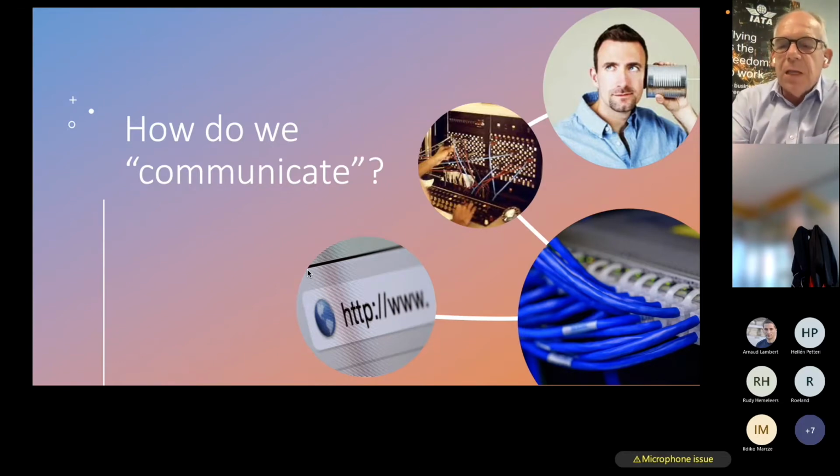And from there, we make the step to the website there, the virtual world, where we can connect with each other just by typing in a URL or typing in a number on the screen. Okay, so we've gone from physical connections to virtual connections. You can see that here. So that is how we communicate.